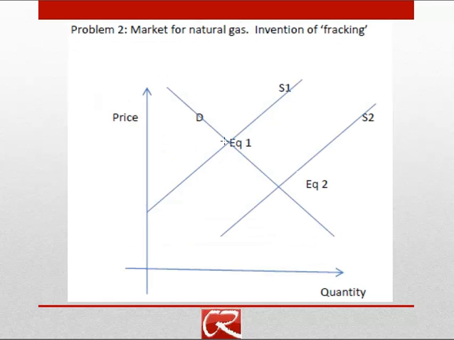So there's a surplus of unsold natural gas, and that surplus puts downward pressure on prices, and eventually we end up with this in equilibrium here. So we end up with a decline in prices and an expansion of the quantity transacted.